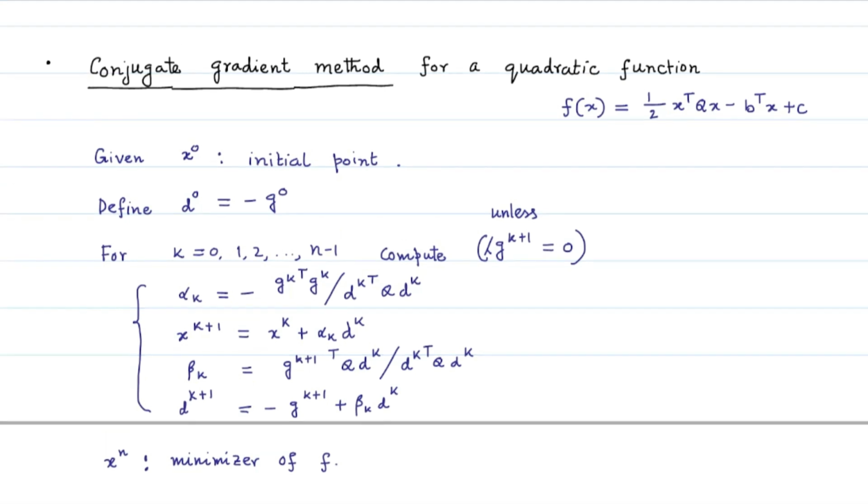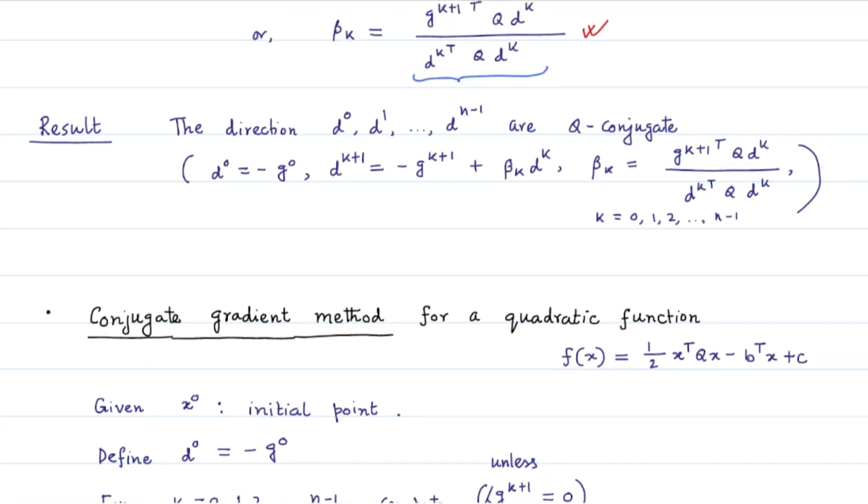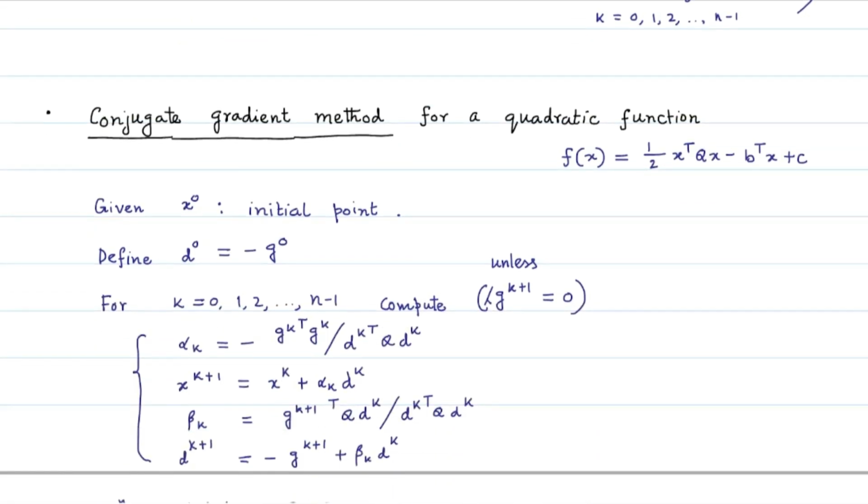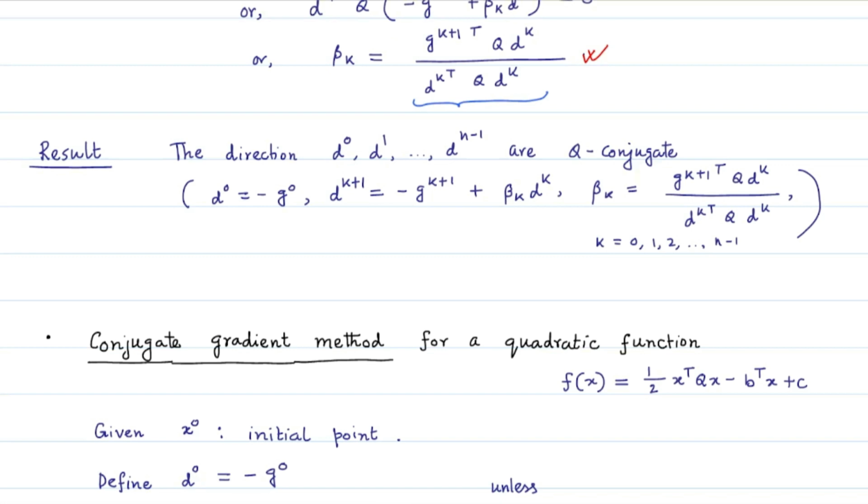In the conjugate gradient method, we have already seen in this result that the directions d naught, d1, till dn minus 1 generated by this formula, that dk plus 1 is equal to this expression, where beta k is this expression, will give us all these directions Q-conjugate.